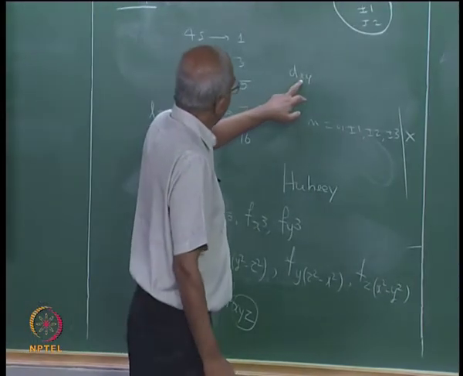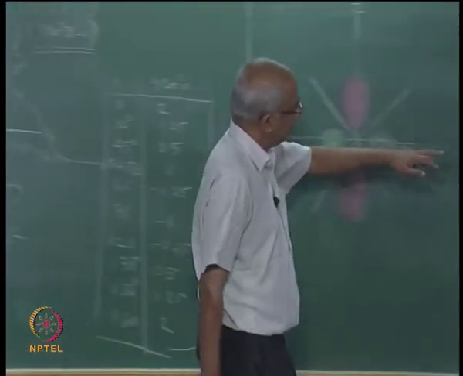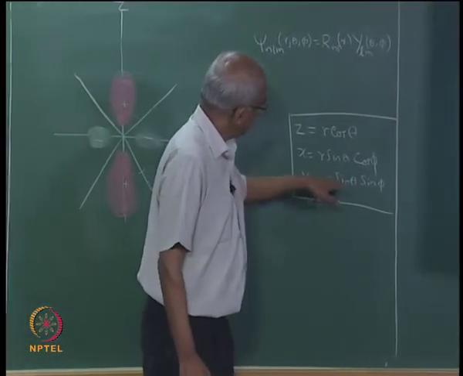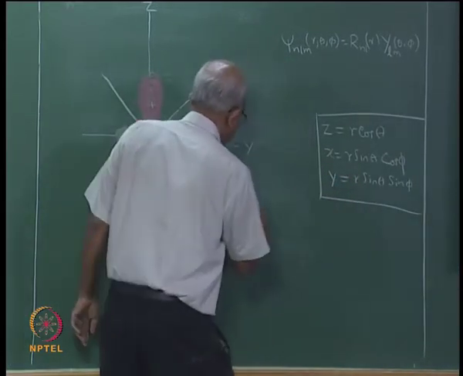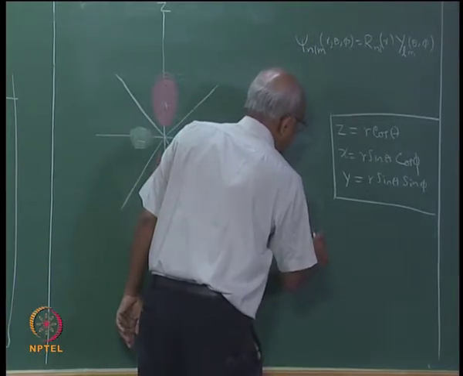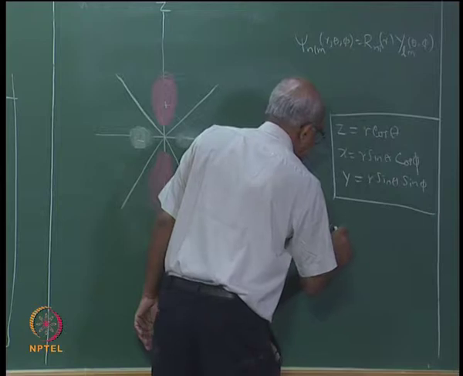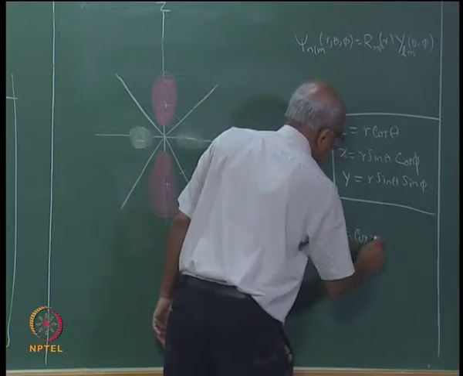You should take x given by this expression, and y given by that expression, and multiply the 2. So, x into y is going to be equal to r square sin square theta cos phi sin phi.